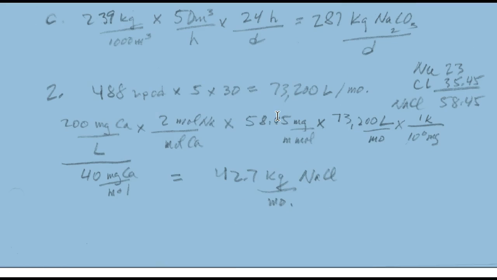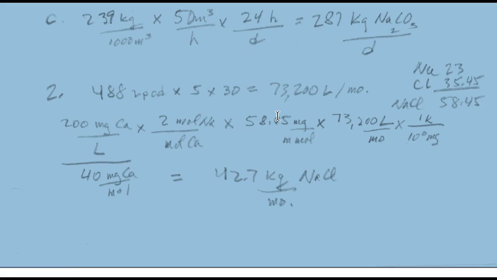Okay, problem number 2. 488 liters per day times 5 people times 30 days is 73,000 liters per month. 200 milligrams of calcium. We need 2 moles of sodium per mole of calcium.